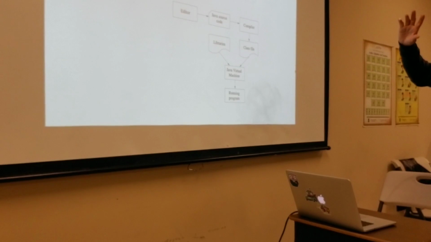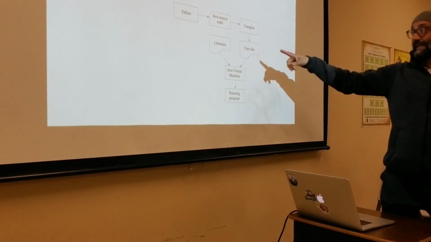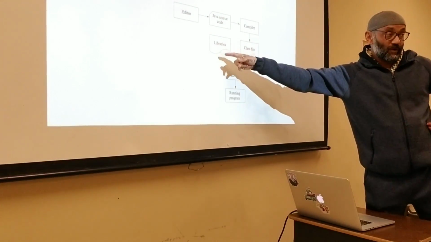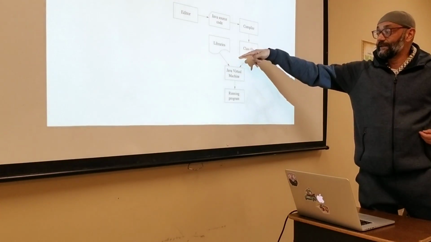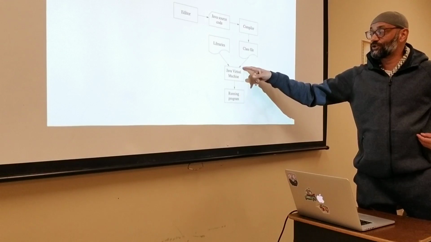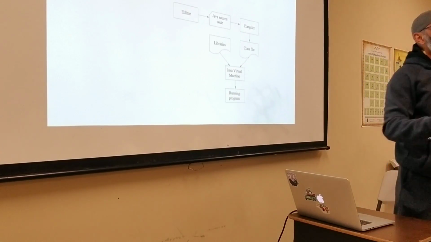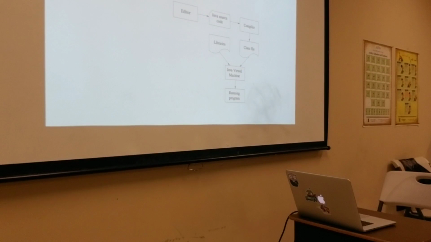So you do compile. It does a compile, and within itself, it creates a class file. Then it uses libraries, combines them, and then the Java Virtual Machine runs the program. The Java Virtual Machine is like an operating system on top of an operating system, but we'll not go into the details of it.